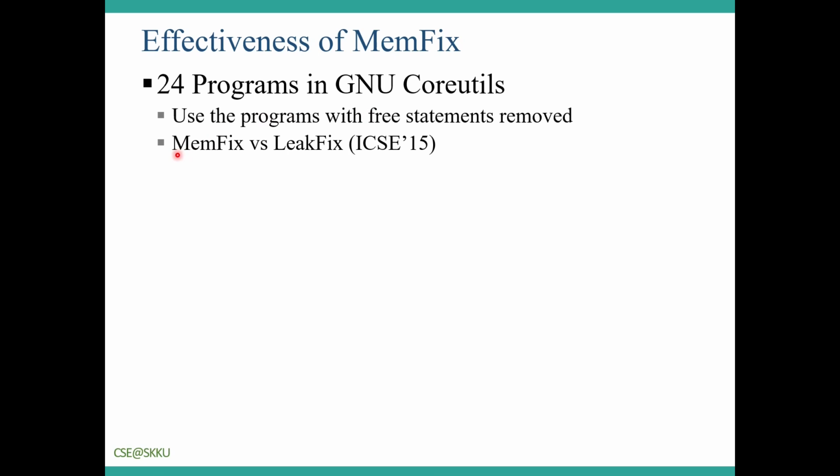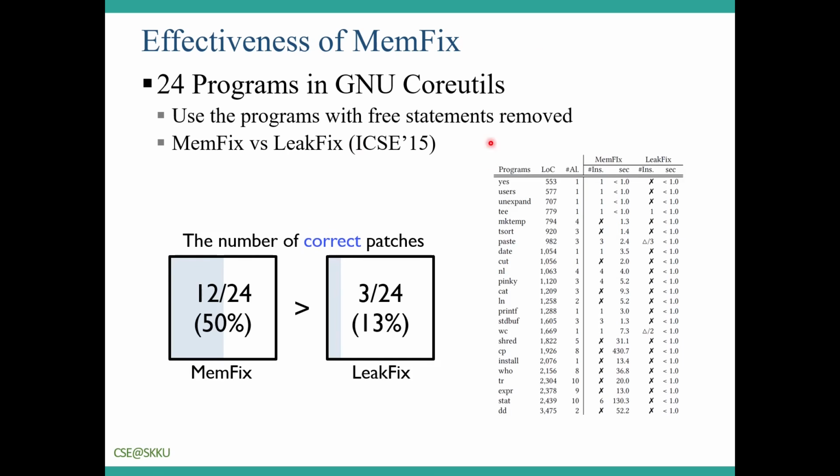MemFix's performance was then compared to LeakFix, another state-of-the-art APR technique focused on fixing memory risks. As you can see from this result, MemFix successfully repaired 15% of the programs, while LeakFix managed to repair only about 13%. So this means MemFix significantly improved repairability compared to the existing technique LeakFix.